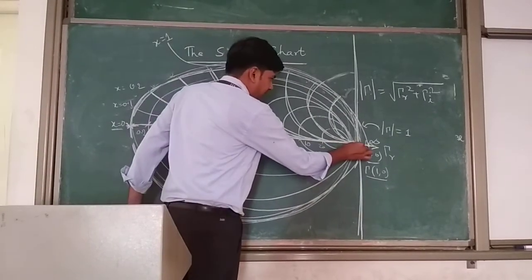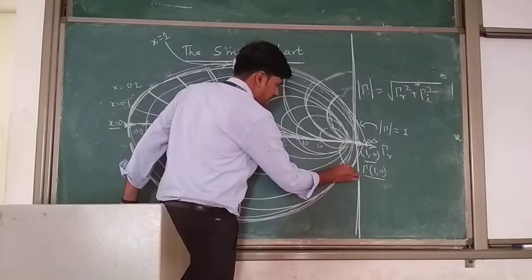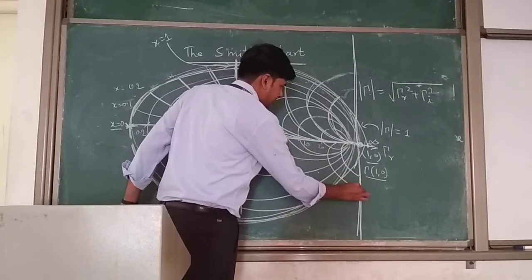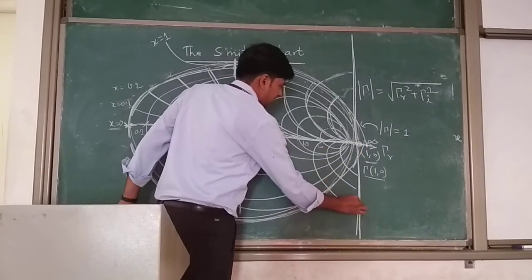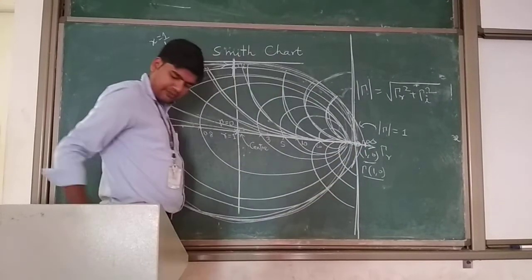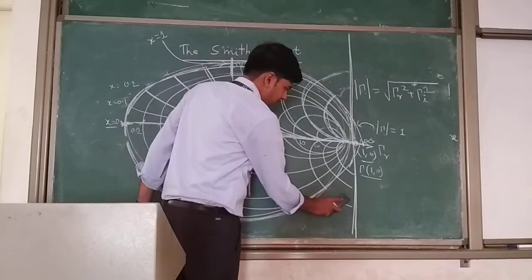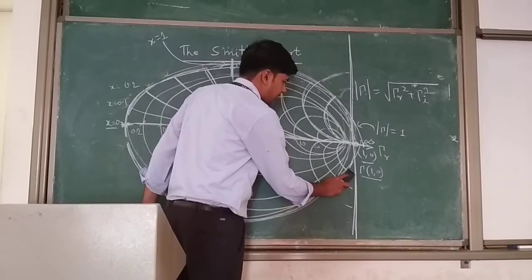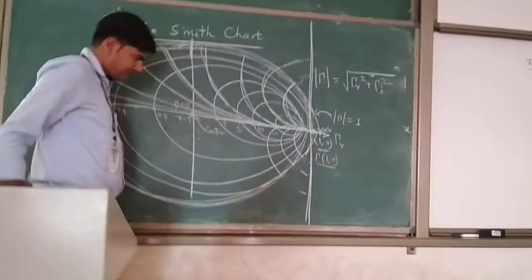Again, we can find those values just by making these circles. All the circles will be passing through this point, and we need to erase these portions which are outside the Smith chart, which is not of our interest.